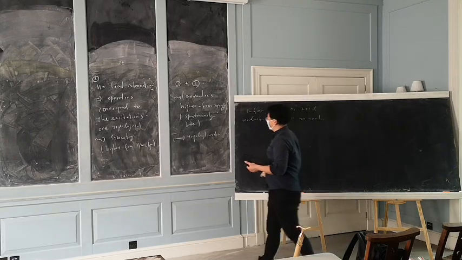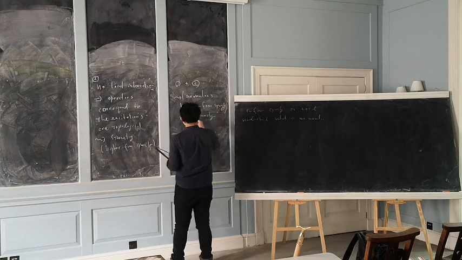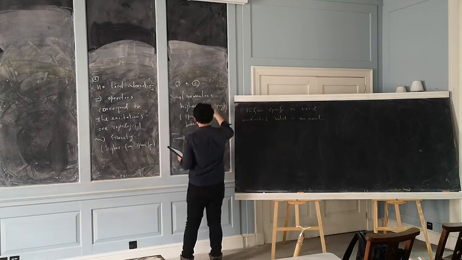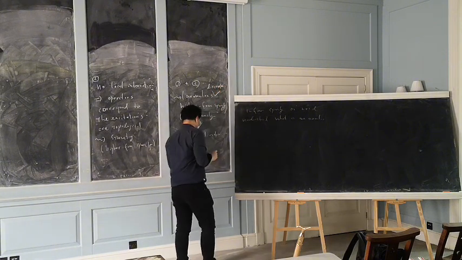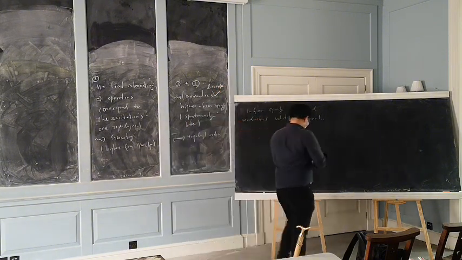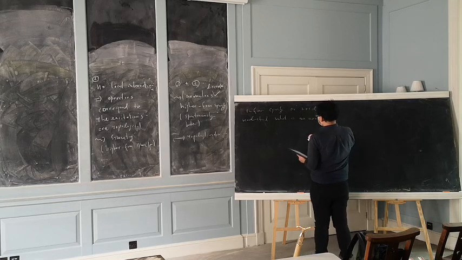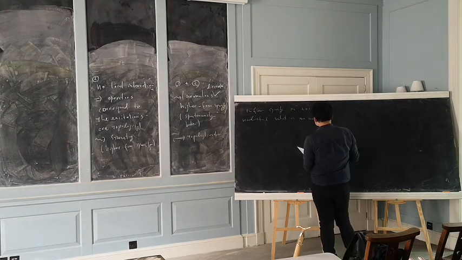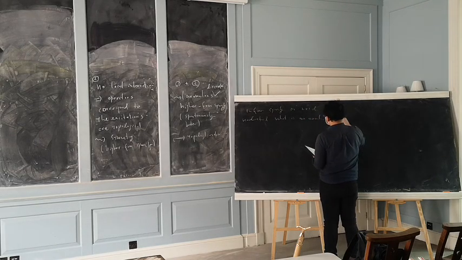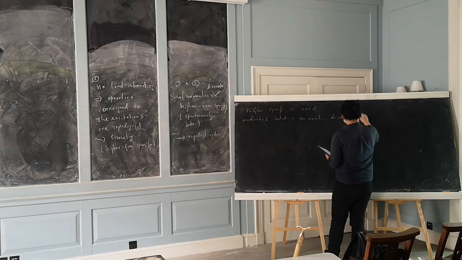Here I should emphasize that I have to take the symmetry to be discrete. So let's understand what an anomalous discrete one-form symmetry in 2+1 dimensions is.